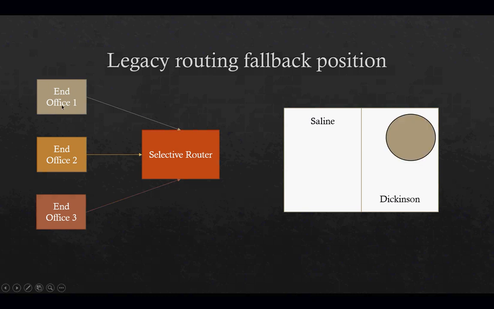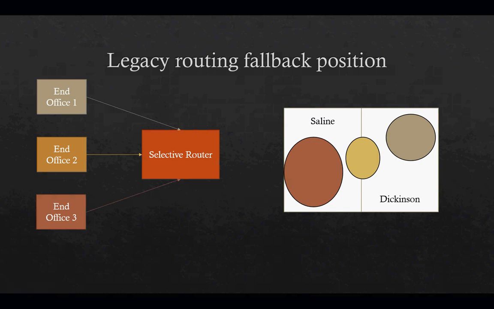So let's say that this end office here is maybe Abilene's end office, and it serves this area. And then this end office is Salina's, and it serves this area. But this end office is Solomon's, and it serves this area with a county line right in the middle.